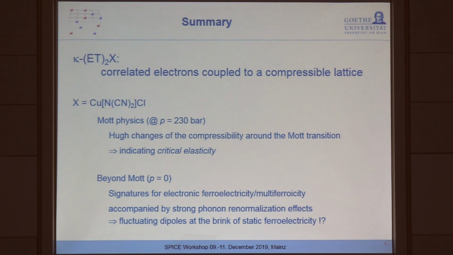And now we came up with this scenario that what we are dealing with here are fluctuating dipoles, that this system is still fluctuating. It's just at the brink of developing static order, and it requires a static field to make this system a static ferroelectric. And with this, I'm finished. I'd like to thank you for the attention.